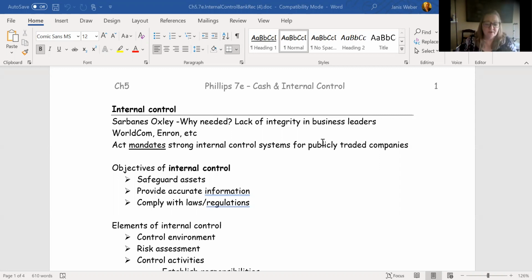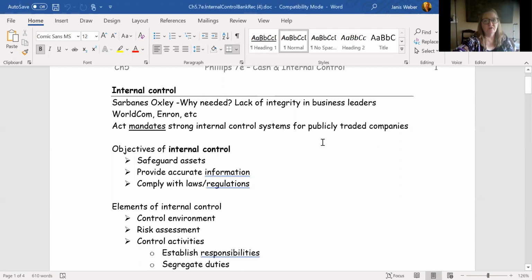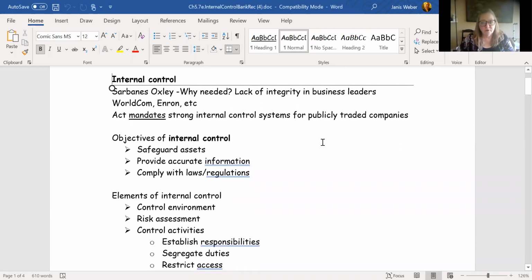Okay, so first we'll talk about the internal control though. There's a lot of room for there to be misrepresentation in accounting. And so over the years, a lot of trial and error has arisen about ways to keep the assets safe and to make sure everything is reported properly.